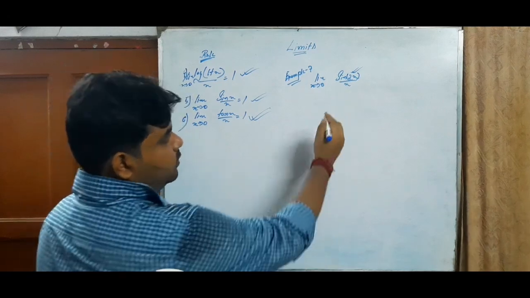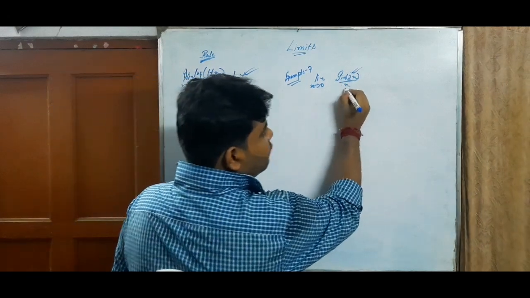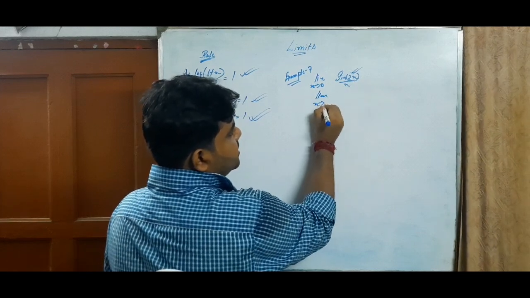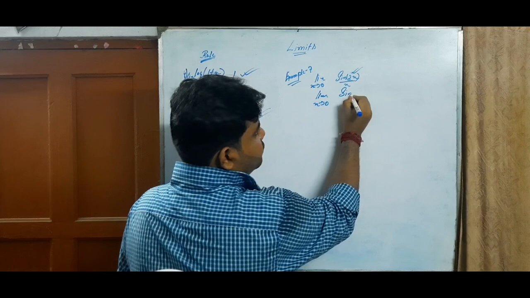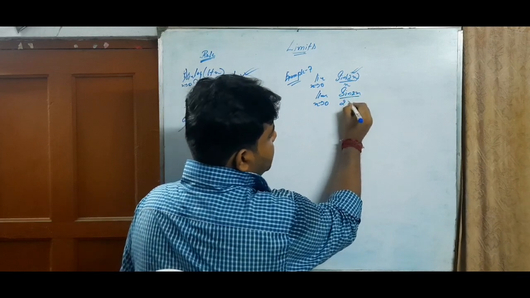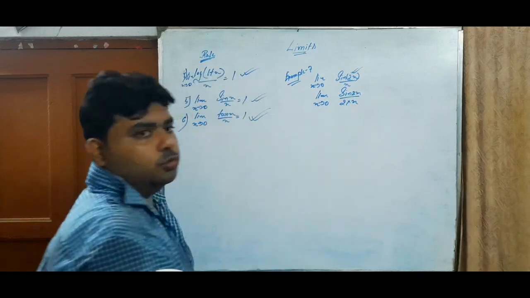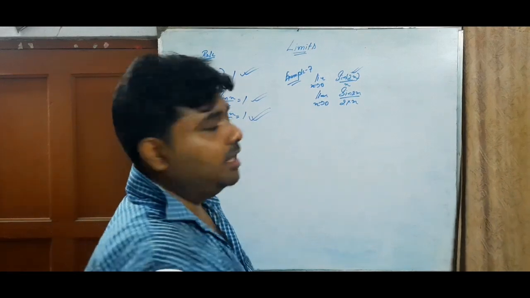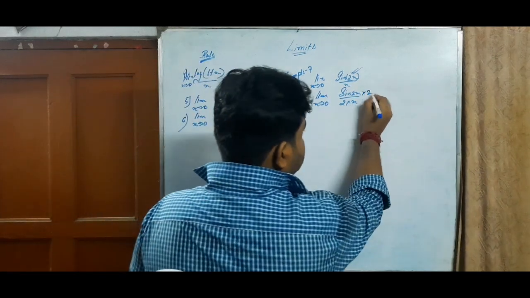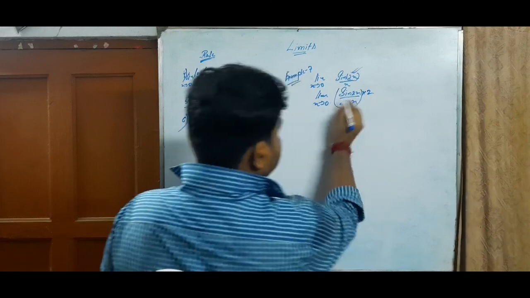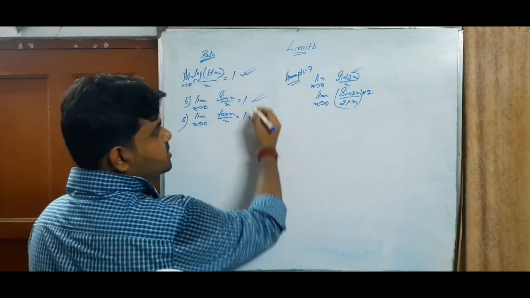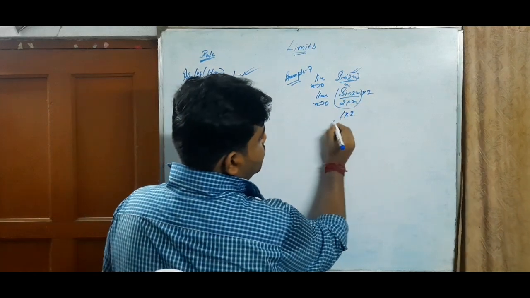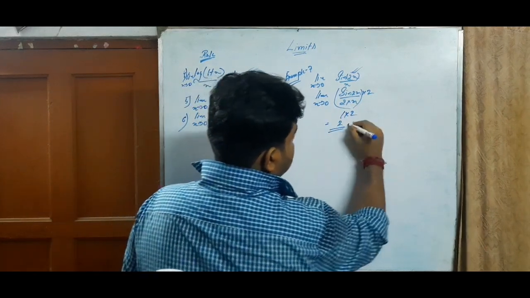So we will have to place 2 over here to make these two equal. Now limit x tends to 0, sine of 2x by 2x, that is we are multiplying 2 with the denominator. As a result, we will also have to multiply 2 with the numerator, into 2. Now sine 2x by 2x is 1. Therefore 1 into 2 will be equal to 2.